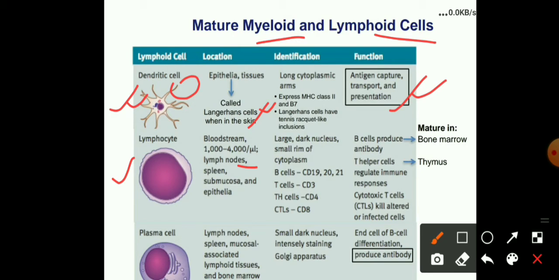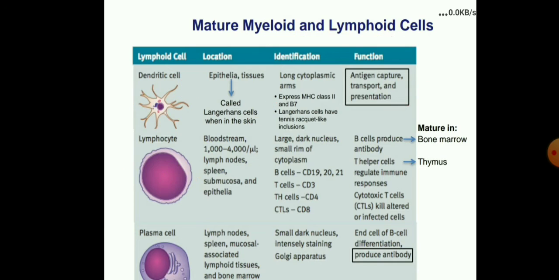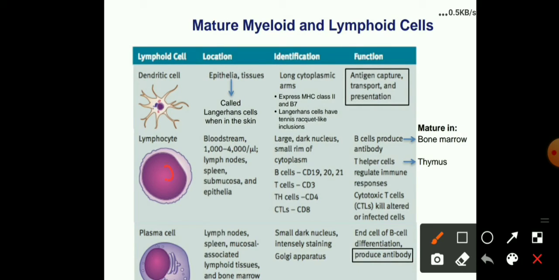How can we identify a lymphocyte? By a large dark nucleus and very small cytoplasm.